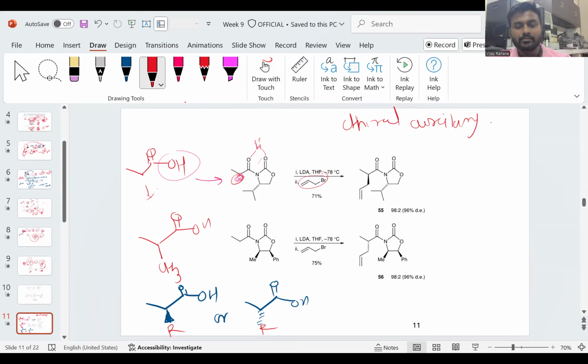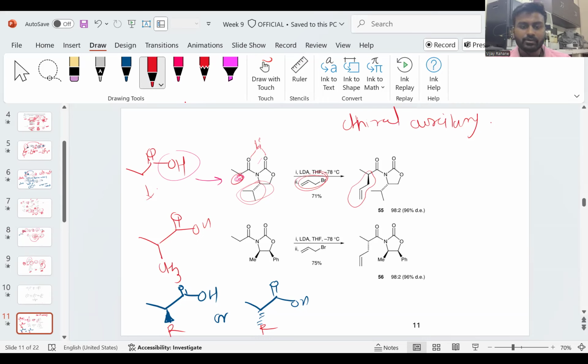Since this entire group is directing downward, let's say it is below the plane, the new group coming in should come from above the plane. And you can see here the new bond formation, so this bond is directing upward.